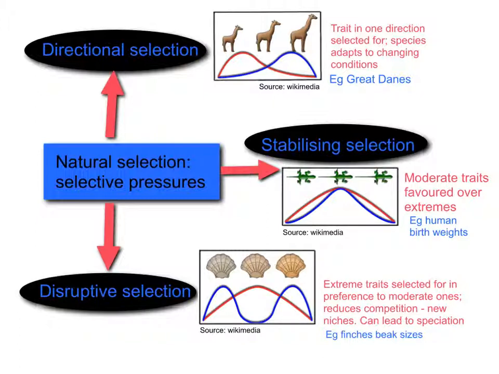A more easy to understand example is the finches' beak sizes. In the Galapagos Islands, there were finches that had a much larger beak size that made them more able to eat different types of food sources. For example, the larger beak sizes may have made them able to eat insects and things like that.